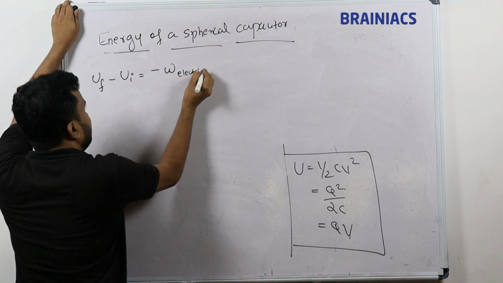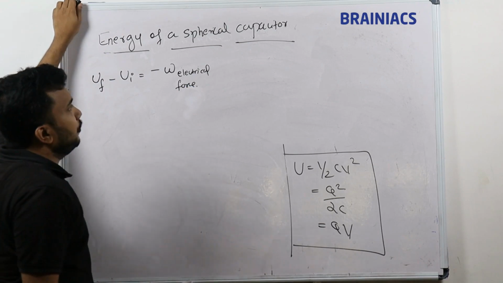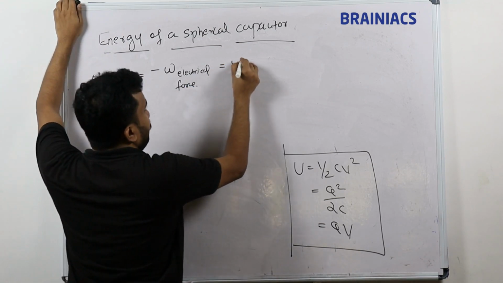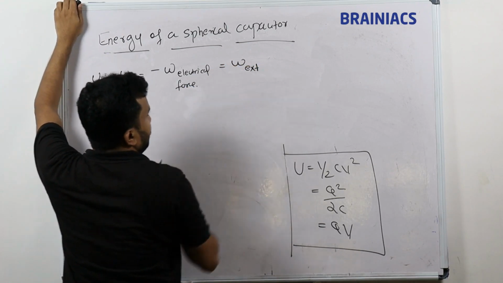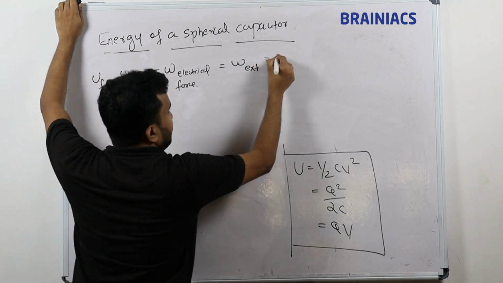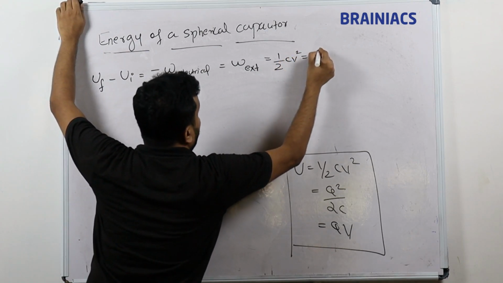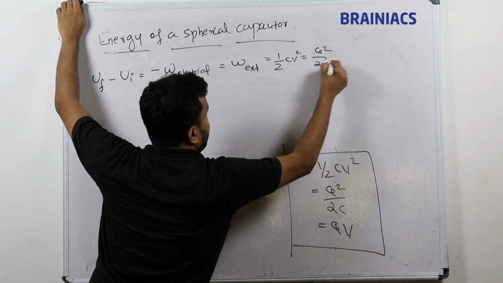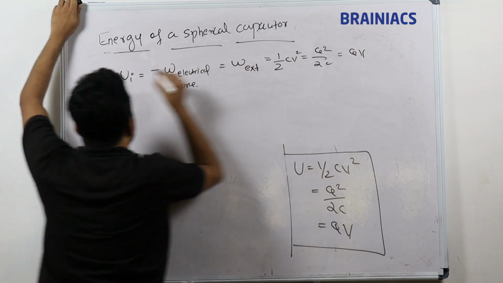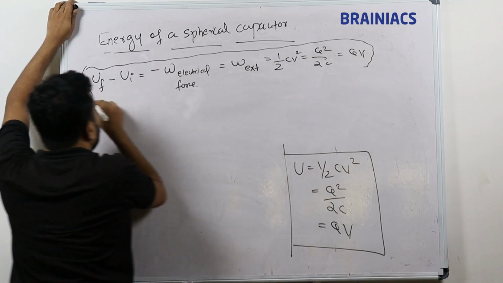Electrical force. Correct. We learned this in the last session. The work done by the external agent is equal to half CV square, which is equal to Q square by 2C, and which is equal to half QV. Remember these as well. This is also important to remember.